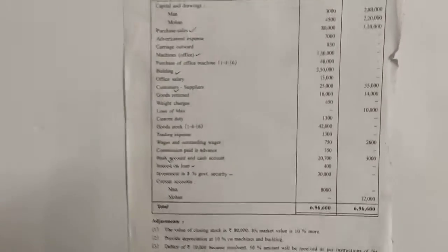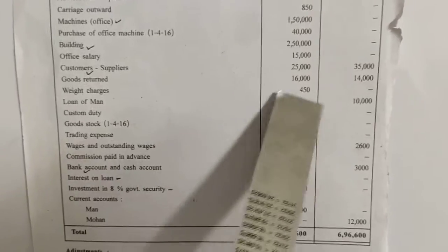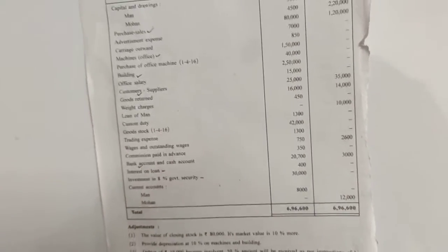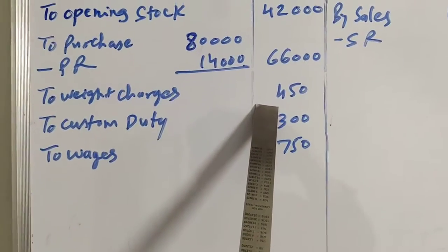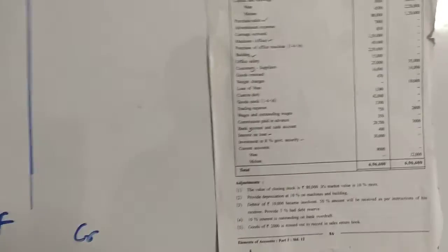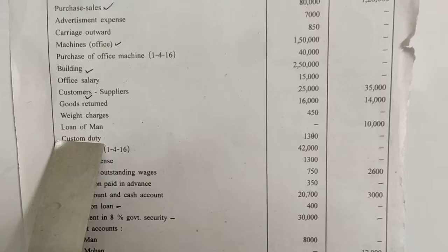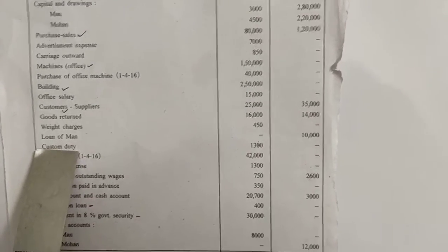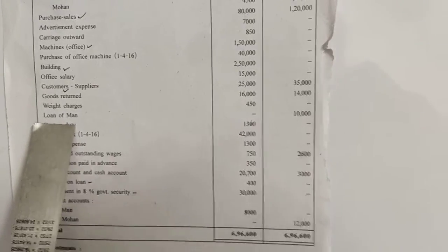The next item is weight charges 450. This is an amount of trading account, supposed to be debited to trading account. So to weight charges 450 at the debit side of trading account. Then is loan of Man. As we know, Man is a partner and his loan will be considered as long-term liability.